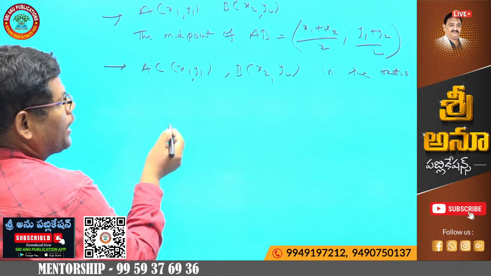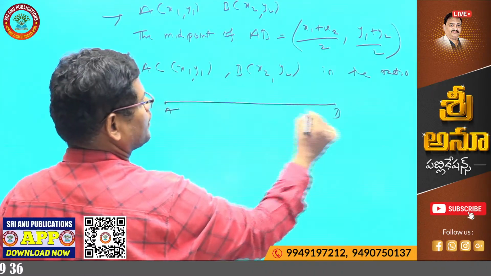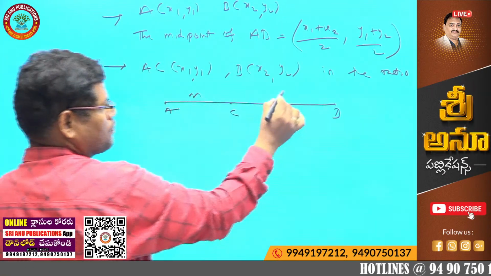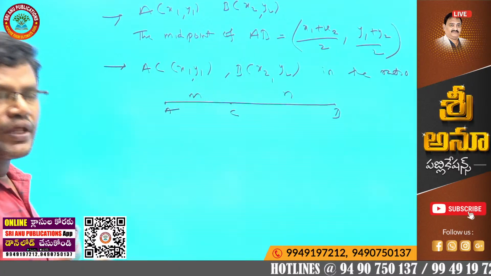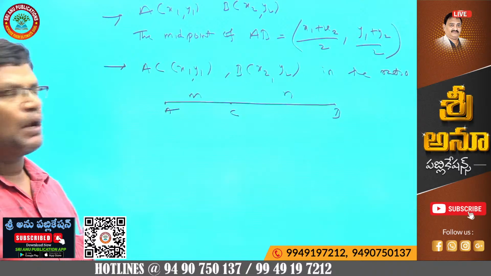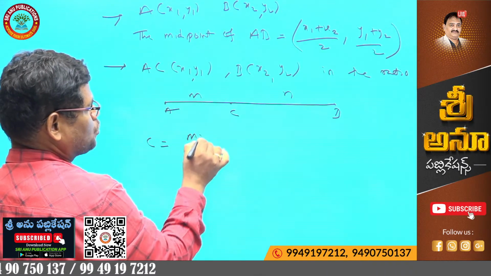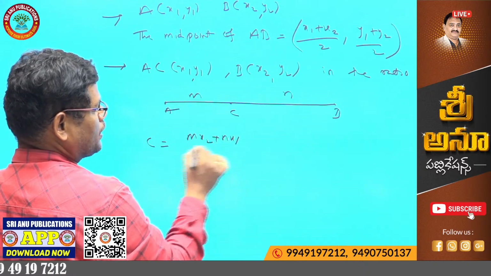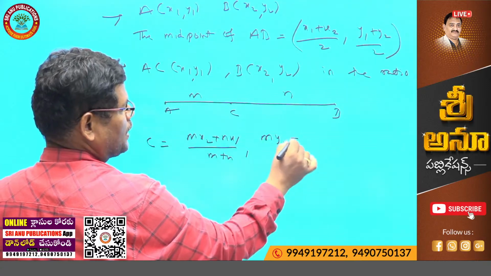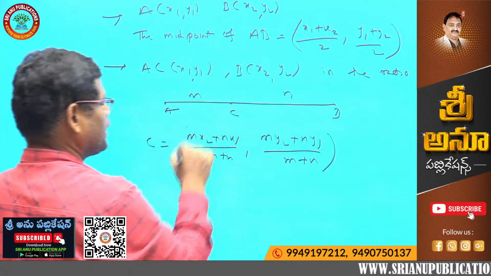We don't know the ratio, whether m and n are equal or not. So the point C is mx2 plus nx1 by m plus n, and my2 plus ny1 by m plus n.